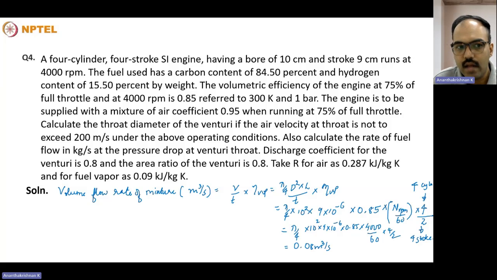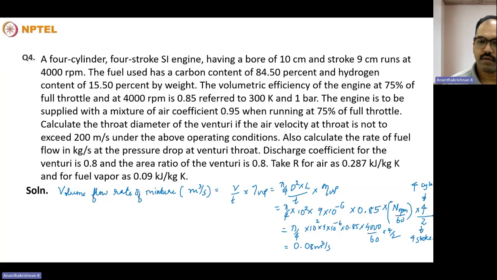Now what we need to calculate is the volume flow rate of the air and the volume flow rate of the fuel separately. The second part of the problem is the rate of fuel flow in kilogram per second.